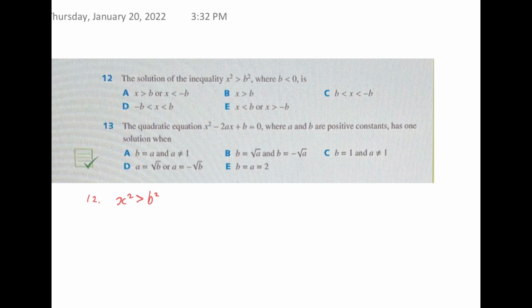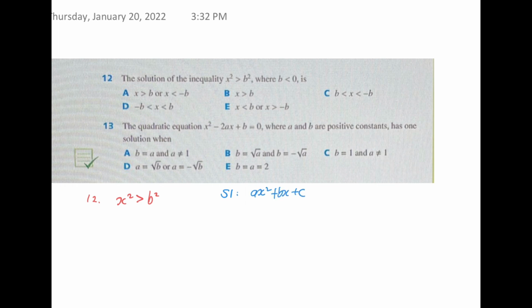Question 12, x squared more than b squared. Normally when we solve a quadratic inequality, we change it to general form.